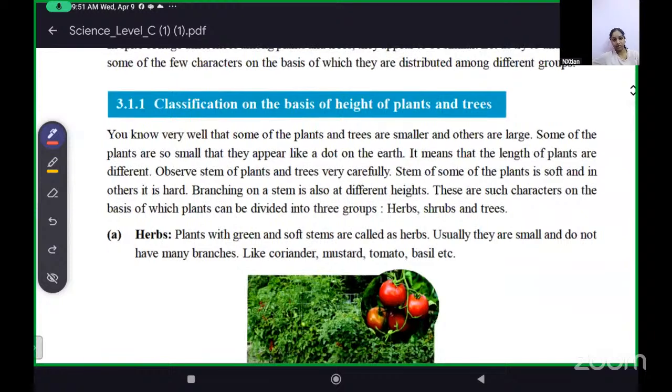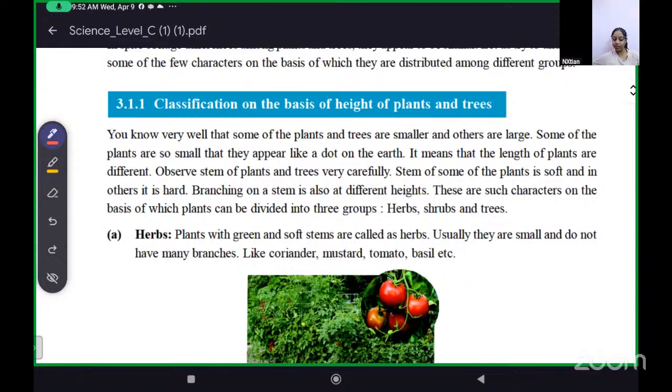Now we know that some plants are very short in height, some plants are tall, some are such that they only remain on the ground. Under this classification, we have three types: herbs, shrubs, and trees. First one is herbs.